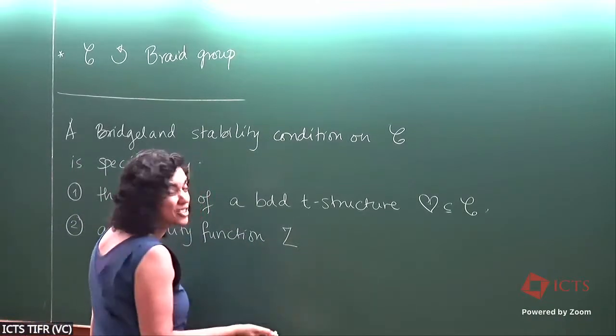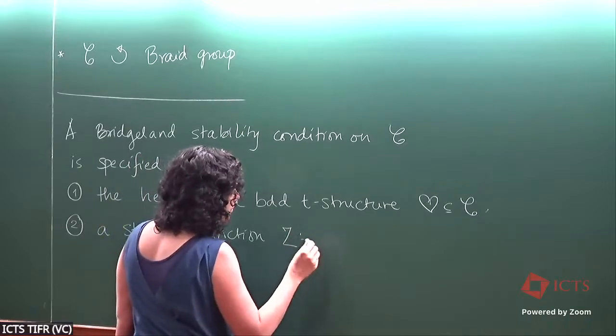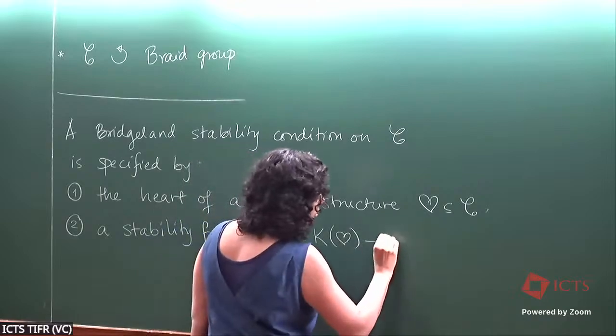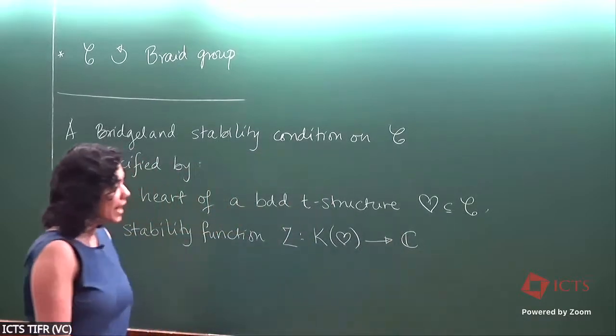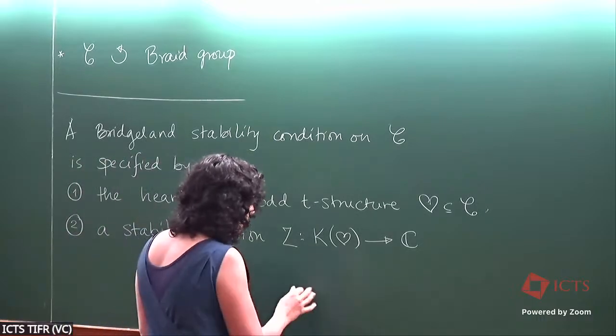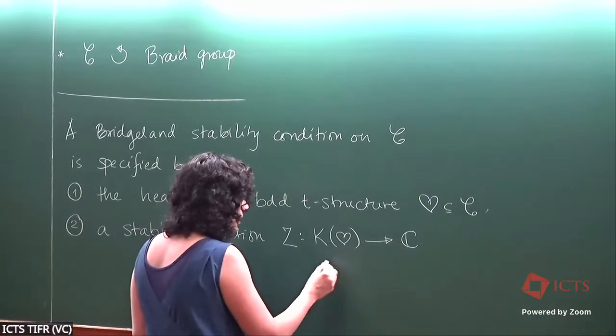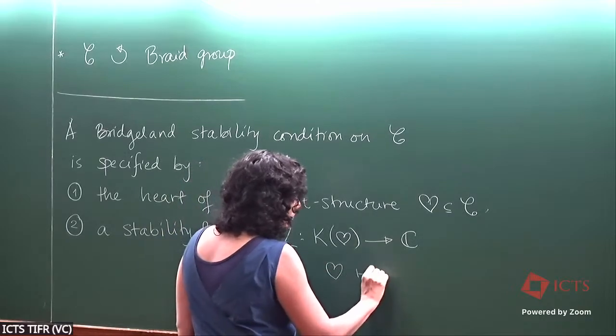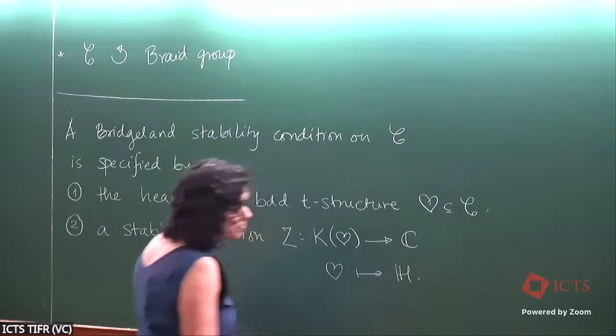And typically this is written as Z, which goes from the Grothendieck group of this heart into the complex numbers. Okay, and I'm just going to get all the technicalities out of the way, and then I'll say more things. And the other thing, the restriction that this needs to satisfy is that all the objects of the heart themselves must map to the upper half plane.